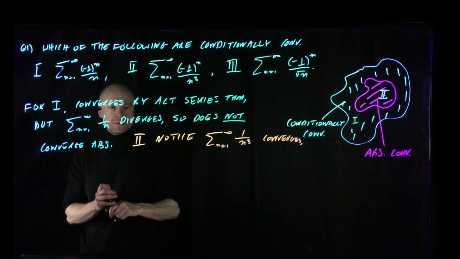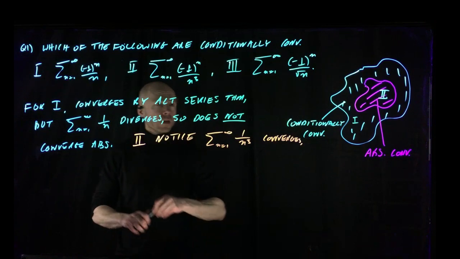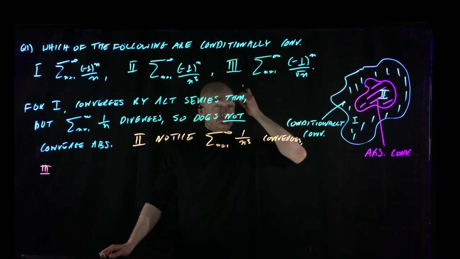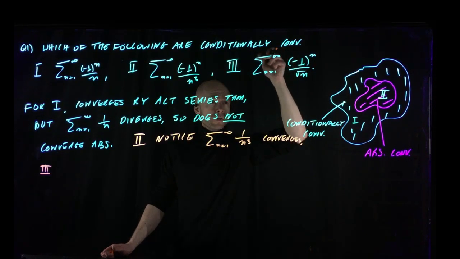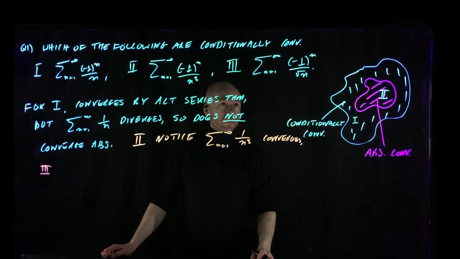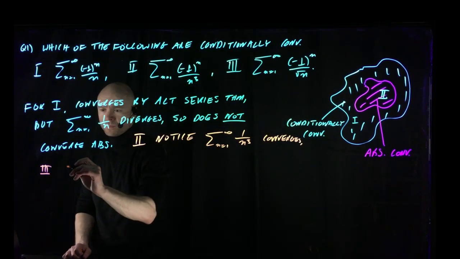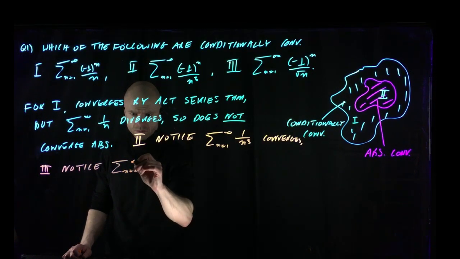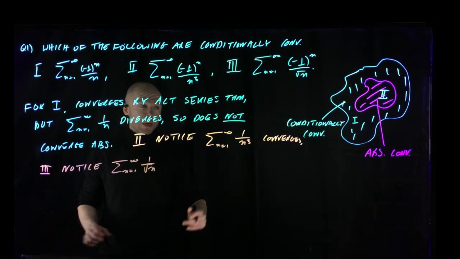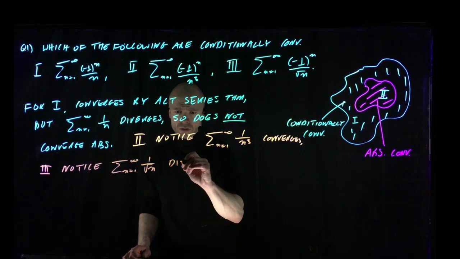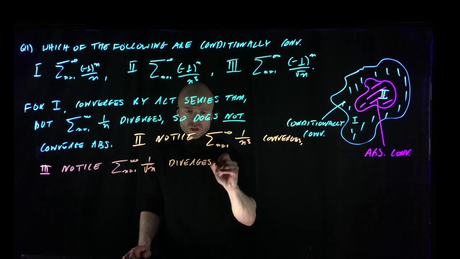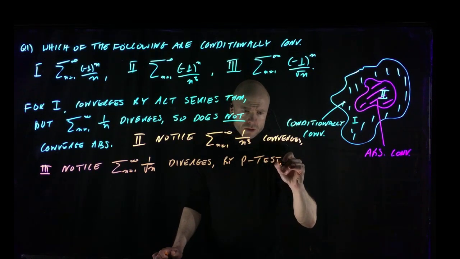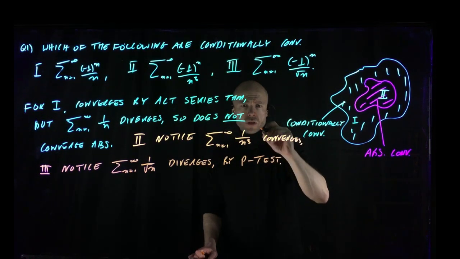Let's look at 3. Again, this guy's an alternating series. The terms are going down to 0. They're decreasing. So it's definitely going to converge. But if we take the absolute value of this, then this diverges by the p-test.